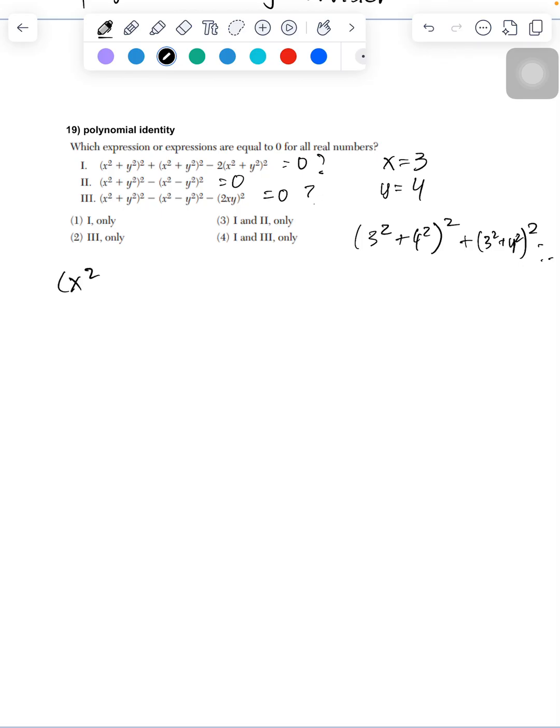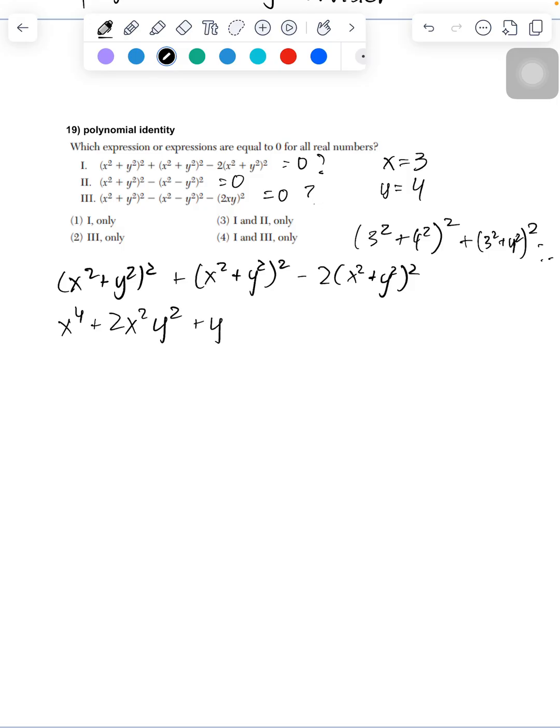So x squared plus y squared, plus x squared plus y squared, minus 2 times x squared plus y squared, right? So this is going to be x to the 4th plus 2x squared y squared plus y to the 4th.